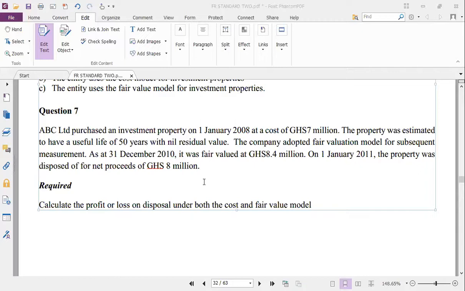Now, what will be the accumulated depreciation and what will be the number of years? From January 1st, 2008 up to December 2010 or January 2011, it is still the same. So how many years? 3 years, right? 2008, 2009, 2010, 2011 will not be passed. So 3 years.